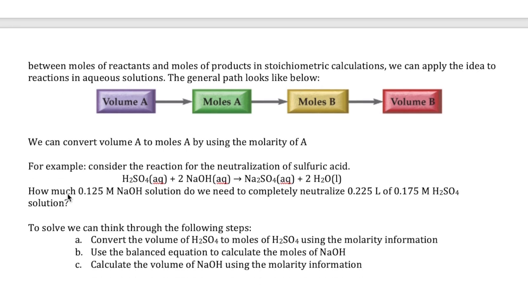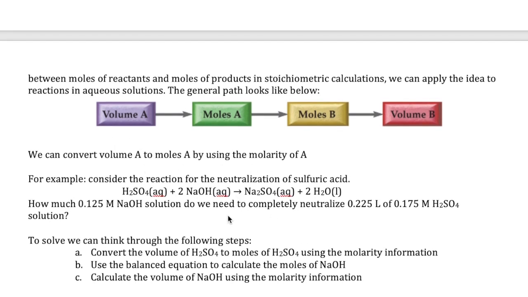So let's take a look at the example problem here, and I'm going to explain conceptually how you would do this. You have a reaction between H2SO4, sulfuric acid, and sodium hydroxide, and the equation is already balanced for you. The question here is how much 0.125 molar NaOH do we need to completely neutralize or react with 0.225 liters of 0.175 molar H2SO4?